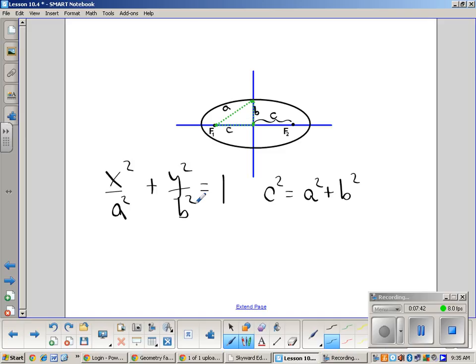Okay? And C is the distance from the center to the focus. And so on the other side, C is still that distance from the center to the focus. They're equal. Okay?